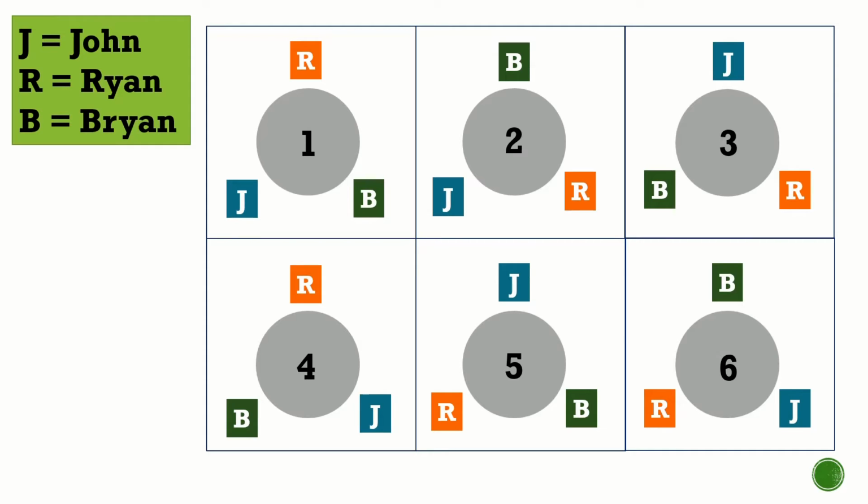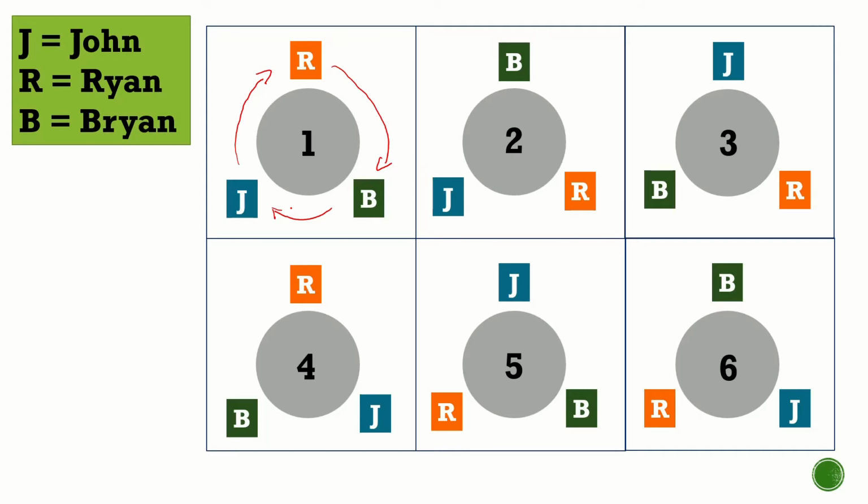All right. Now let's consider arrangement number one. Here we have John, Ryan, and Brian. I'm going to emphasize that the arrangement here is clockwise, right? So John is there, and then Ryan and Brian. Now you go to the second arrangement.